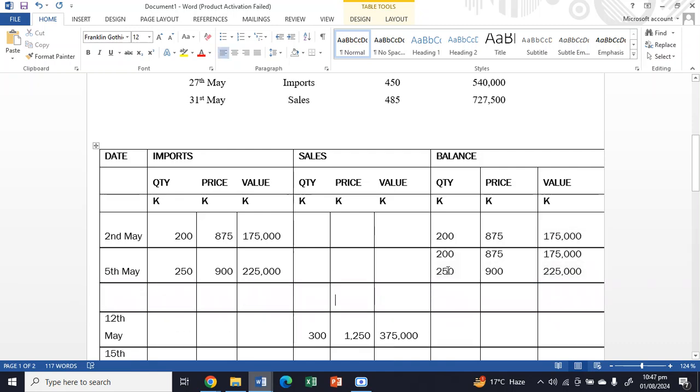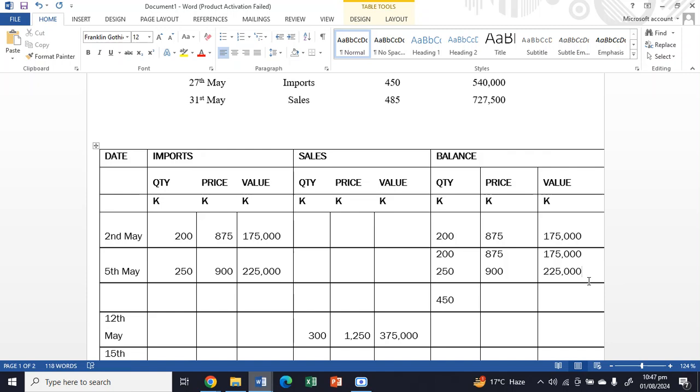So in order to get the average cost, we total up our quantities, 200 plus 250, 450. The total value of the goods, let's say 175,000 plus 225,000.